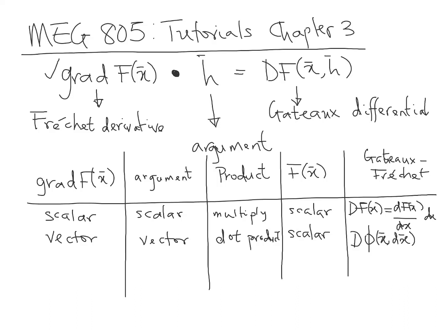For you to get a Frechet derivative that is a vector, in this case, it is going to be a grad, because the grad of a scalar function is a vector. So that means grad of phi x. You will see that your Gateau differential there is a scalar, because that function phi is a scalar. So for you to get a Gateau differential that is a scalar, it has to be a dot product between your Frechet derivative and the argument.